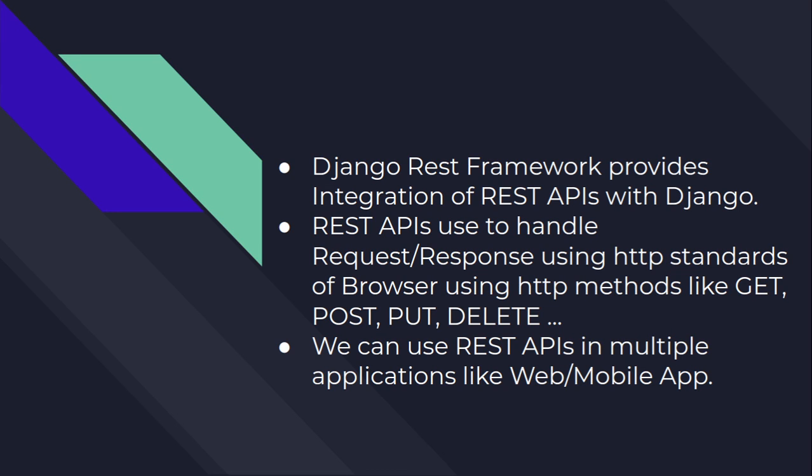These REST APIs we can access through the browser, and the browser uses the HTTP standard and HTTP methods like get, post, put, delete. Here we want to get the user data from the server, so that request will use the get method, and the server will fetch the data from the database and give the response to that particular API.